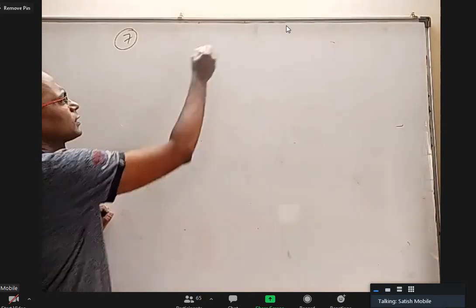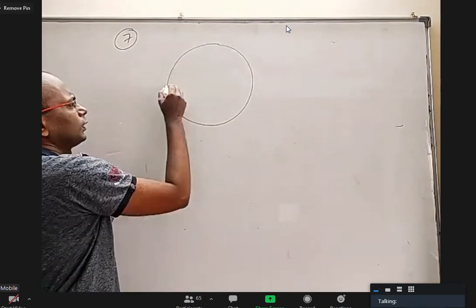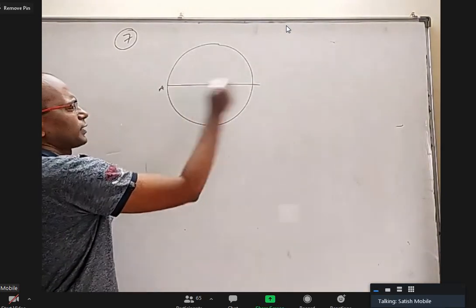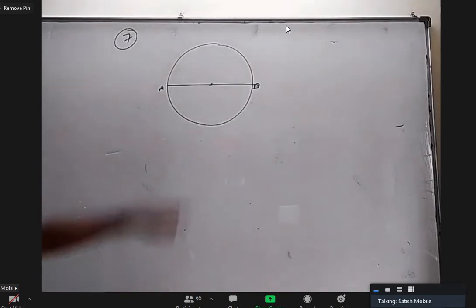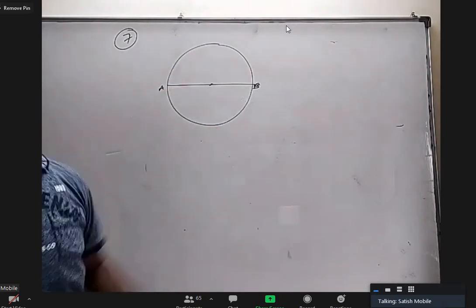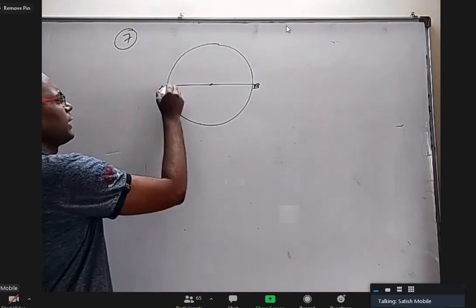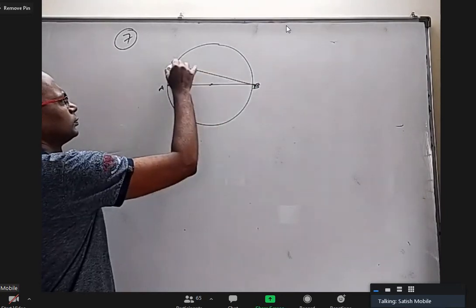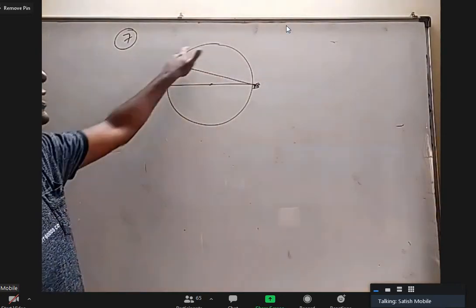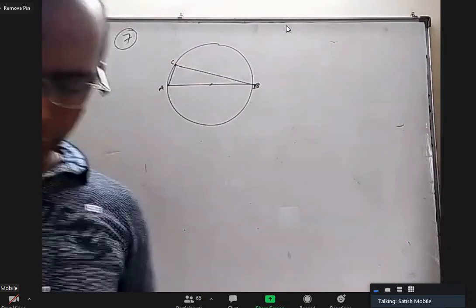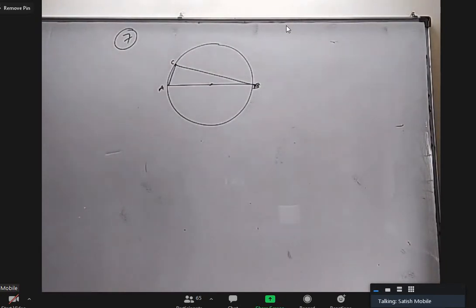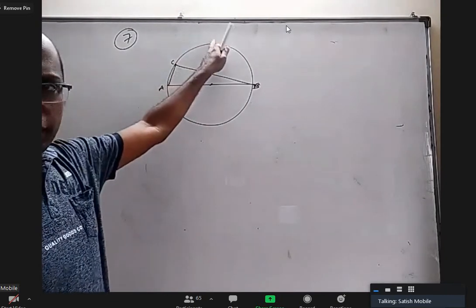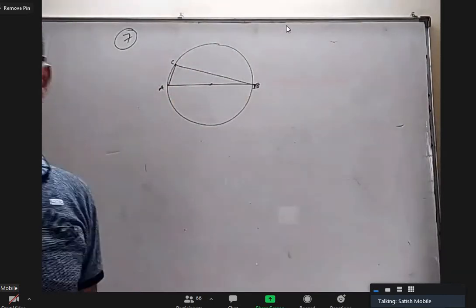What they said is to take a circle, where A and B are fixed points and the ends of a diameter of the circle. Point C is variable; it can be here, it can be here, it can be here. Every time ACB is a triangle. Where should C be so that the area will be maximum and the perimeter will be maximum? Both will happen when C is at the topmost point or the bottommost point.